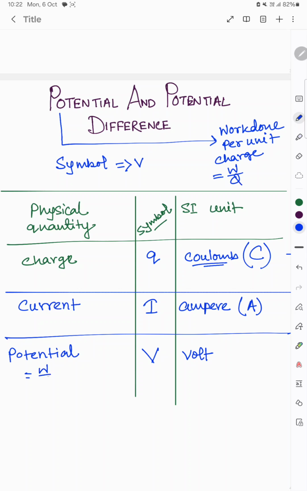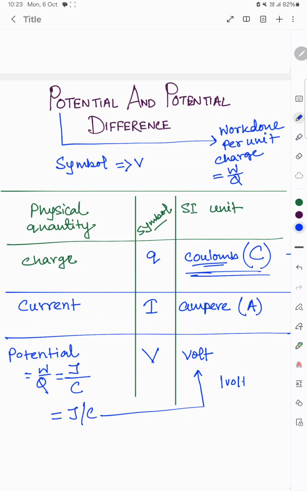So potential equals W by Q. How to derive a unit from a physical quantity, I think all my students know it very well. So the SI unit of work done is joule, and charge is coulomb. So the SI unit of potential is joule per coulomb, and another name of joule per coulomb is volt. So 1 volt is equal to 1 joule per coulomb. Is it clear? I think it is clear.